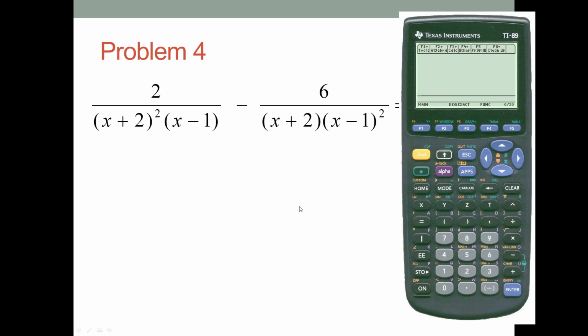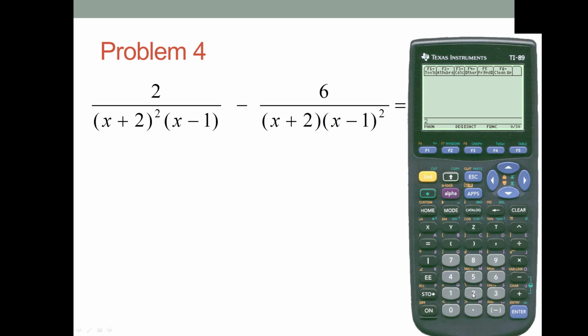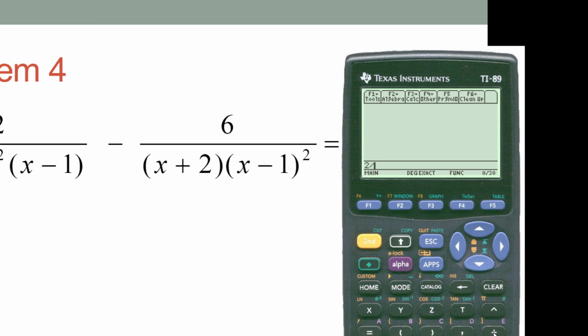Then we go to problem 4. This is going to be 2 divided by... Now in this case, because there's a product involved here, when I enter it in the calculator, I'm going to enter the same thing right here for the first fraction, but it's going to have main parentheses on the left and on the right. So I start off with one main parentheses there, and then I enter that denominator.